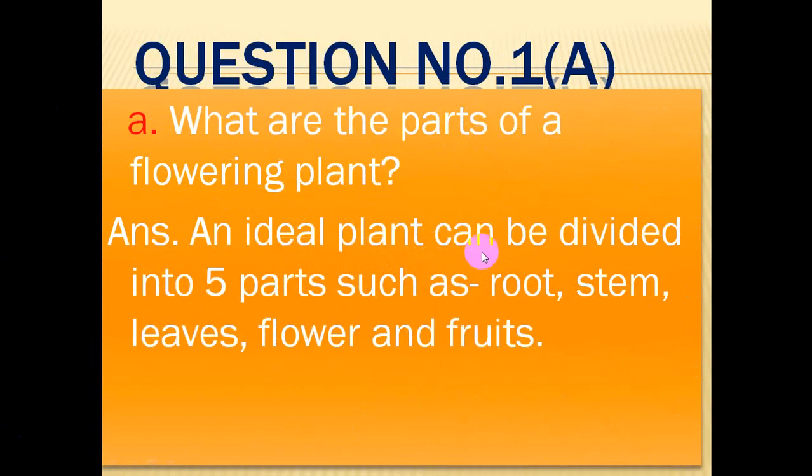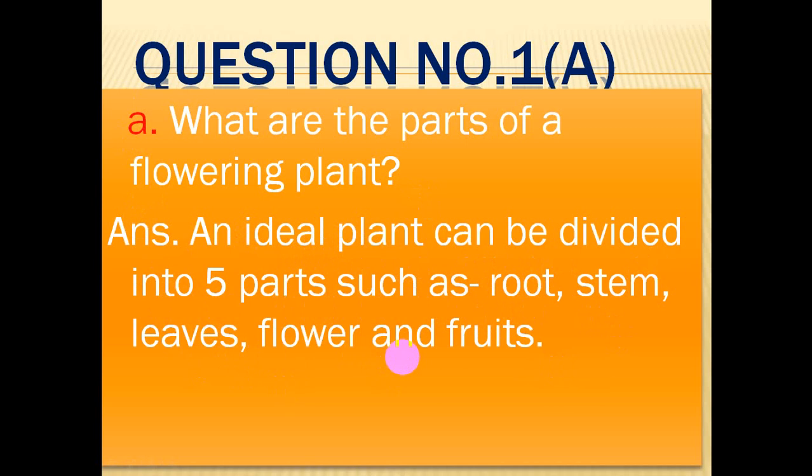So students, question number 1A: what are the parts of a flowering plant? An ideal plant can be divided into 5 parts, such as root, stem, leaves, flower and fruits.